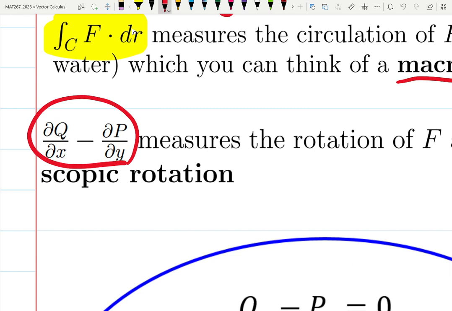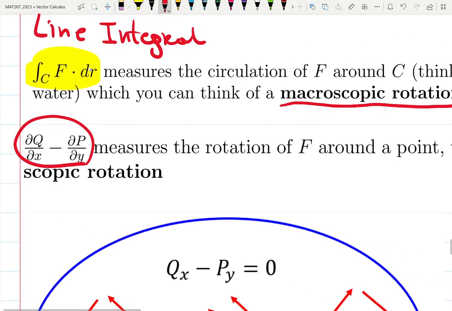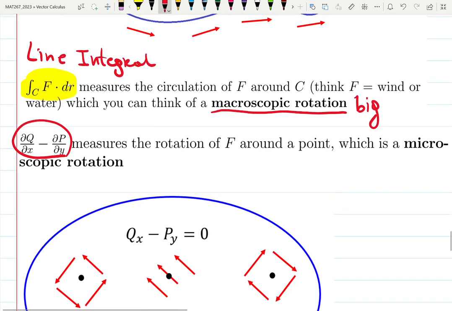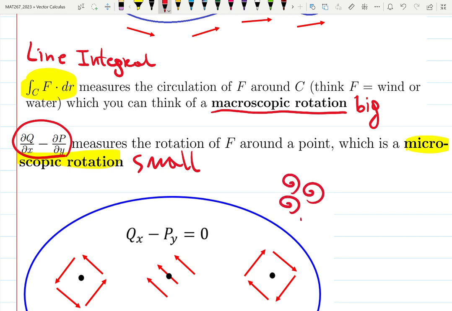So you can call it microscopic rotation. Microscopic. So small rotations. Small rotations, like so. So we take small rotations like small whirlpools, right? Looks like from Avatar. And then together they create a bigger rotation, right?